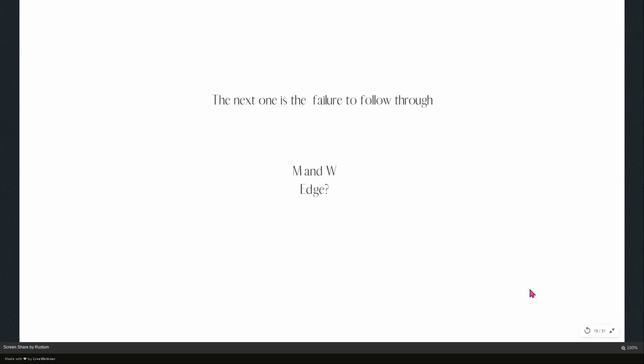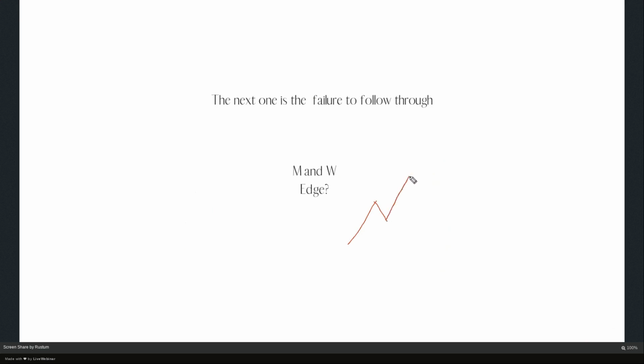So the next sort of a trade is also an M and a W, but the next one fails to follow through. So you have a pattern coming up to a level, and it looks as if it's following through.